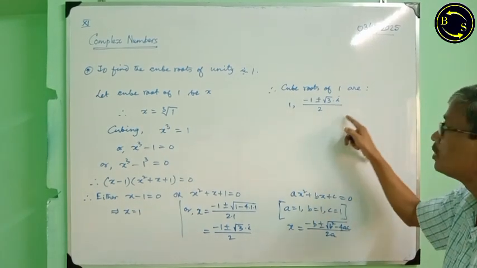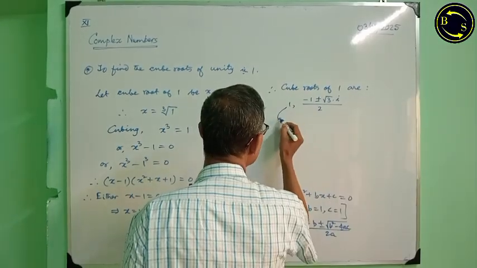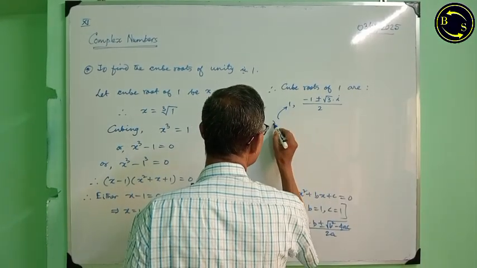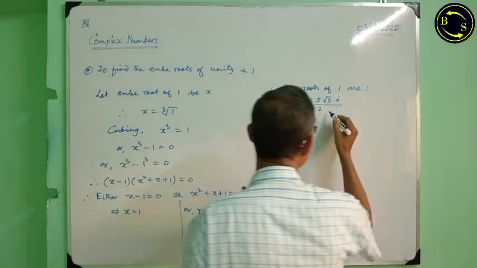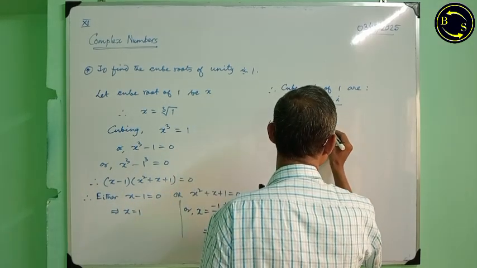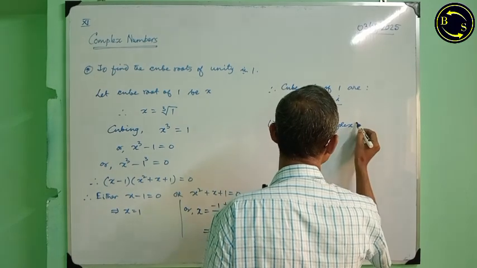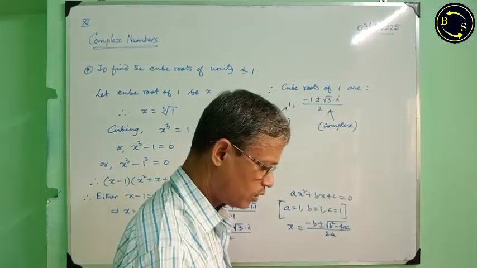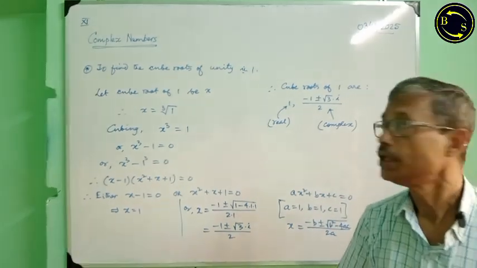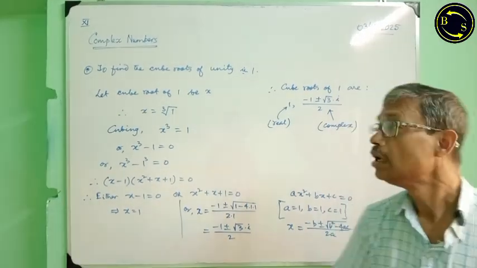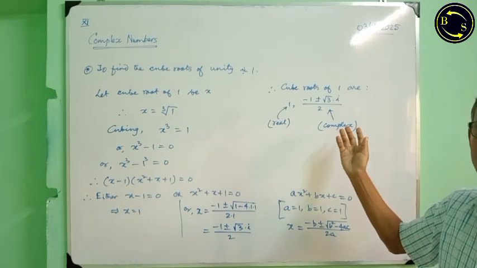Now these are the cube roots of unity, and this one is real and these are complex. Therefore, we can comment that cube roots of unity will be one real and the two other complex roots.